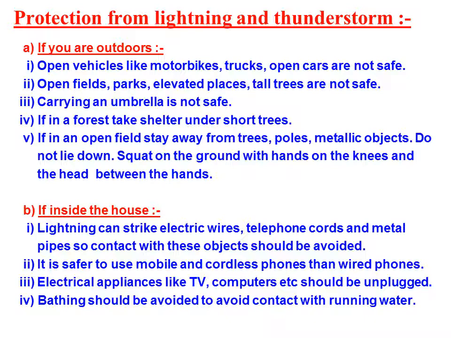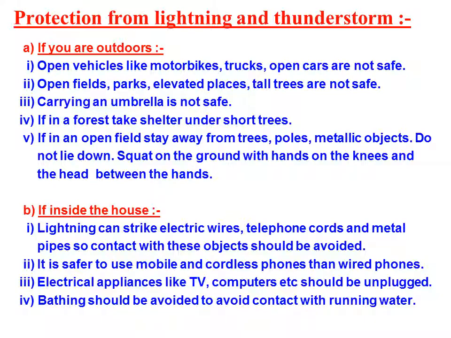Now if you are inside the house, what precautions do you have to follow? Lightning can strike electric wires, telephone cords and metal pipes, so contact with these objects should be avoided.